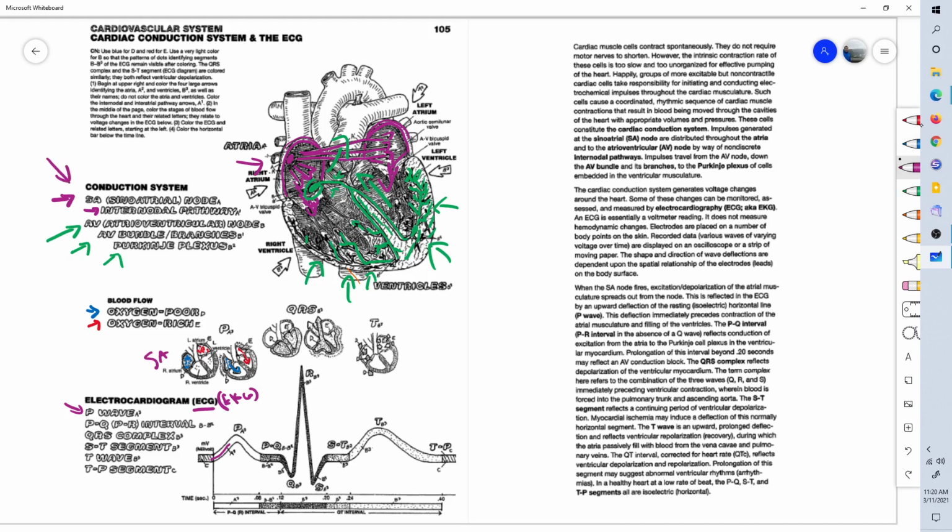And that signal can be read with a device called the EKG. It's read as what's called the P wave. That's the sinoatrial node giving the signal for both atria to contract.